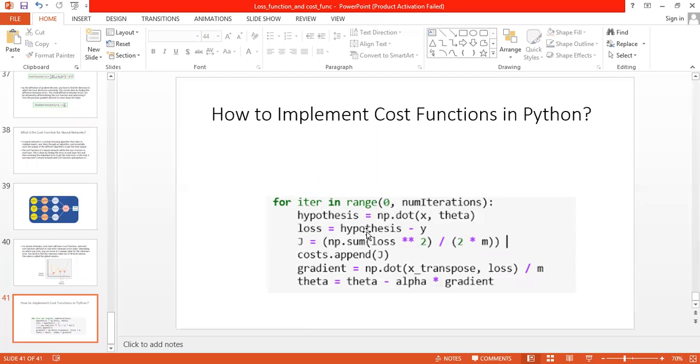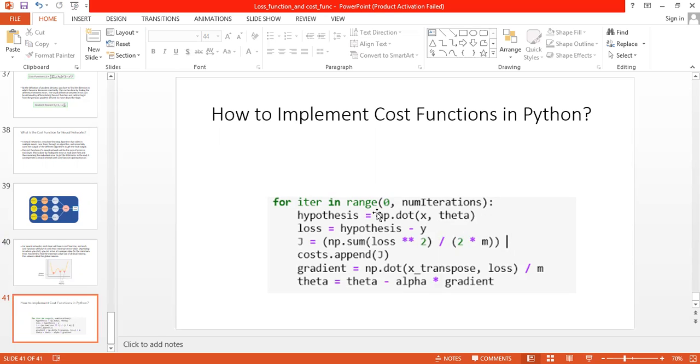So here first we are calculating the hypothesis equal to np.dot(x, theta). Hypothesis means a consideration: first we create a numpy array, and then we do the dot product of x, the input, and theta, the weights.